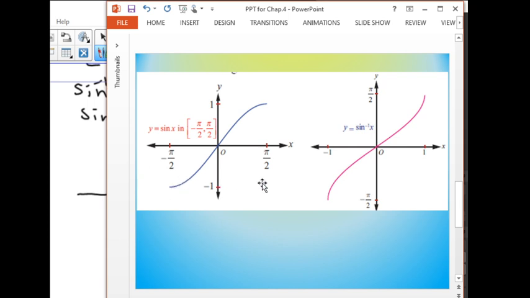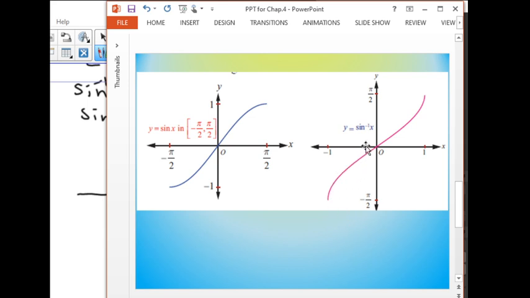And see sine inverse of x, the values which are in the x axis go to the y axis and the values in the y axis go to the x axis because the domain becomes the range and the range becomes the domain. Okay, so see the difference in the curve.